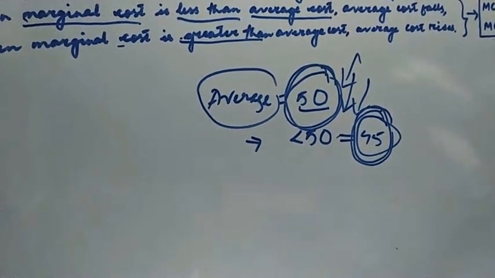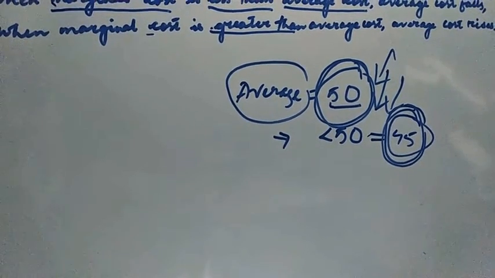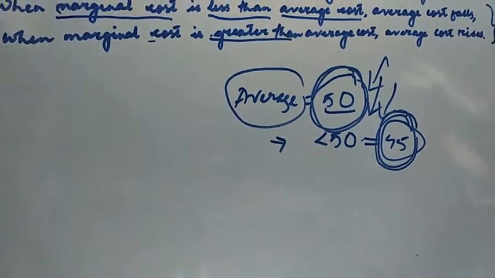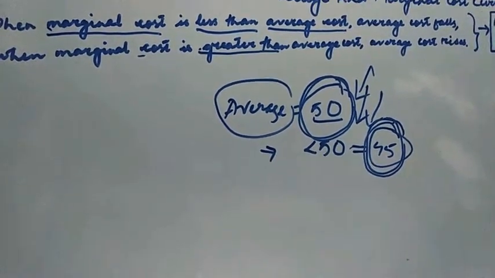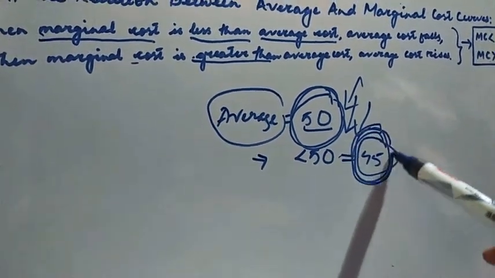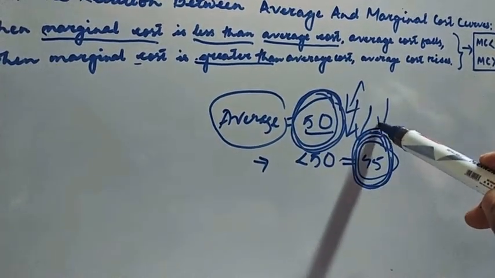What is the reason behind this? It is because his marginal score, or the additional score, is less than his average score. That is why, when his additional score is less than his average, his average will also fall.